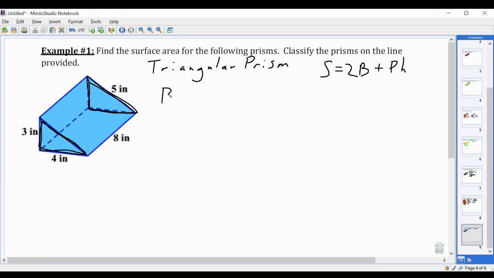What is the base area equal to for a triangle? You might have to look back at your old notes from polygons. The area of a triangle is equal to 1/2 the length times the width. So for this one, let's look at our base, which we know is a triangle. Here's our triangle.